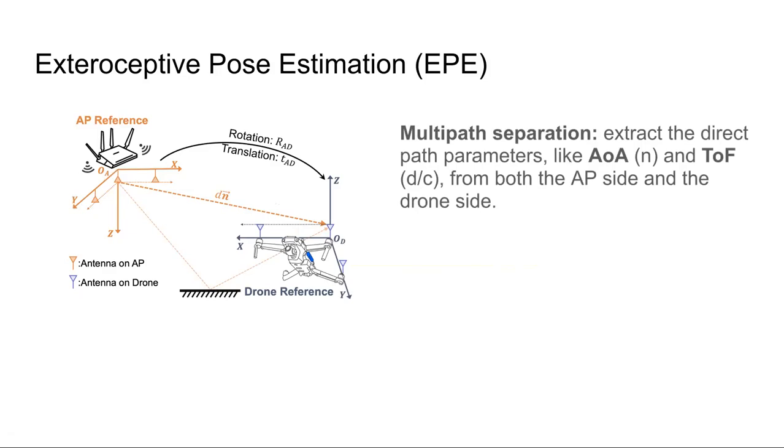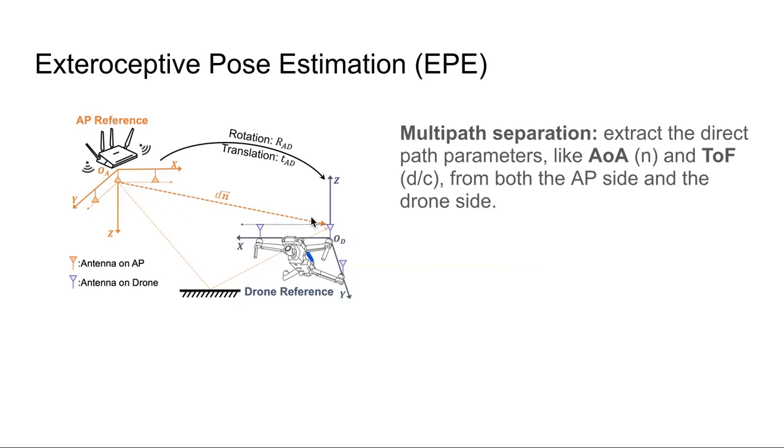Basically, we just want to extract the direct path parameters, because this link can correctly represent the angle of arrival and time of flight.